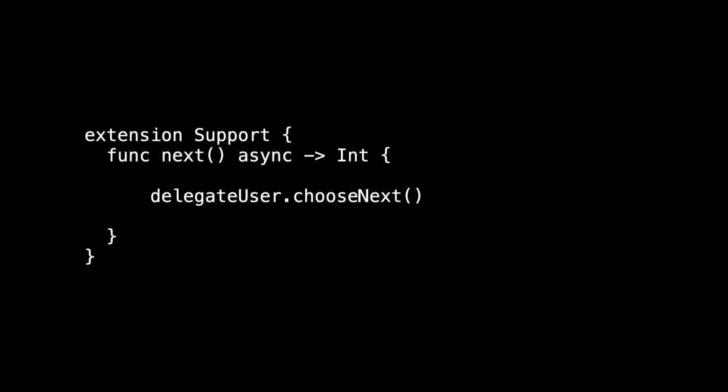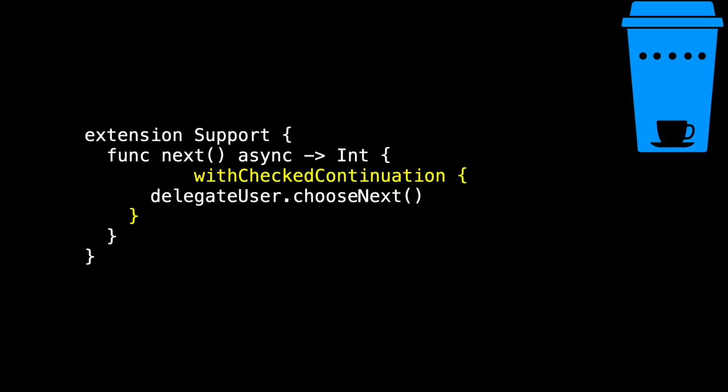And instead, we're going to return a check continuation using this method with check continuation. As you might guess, with check continuation is a commitment that I'm going to return something later. It's an asynchronous thing that I'm returning, and so we must await it. And as with async streams, we have to return the mechanism we use for returning that value, and that is our continuation. In this case, it's a check continuation.